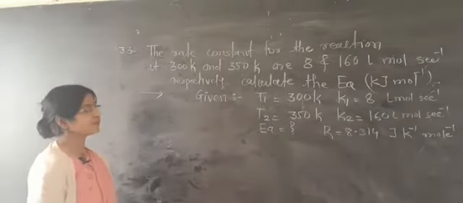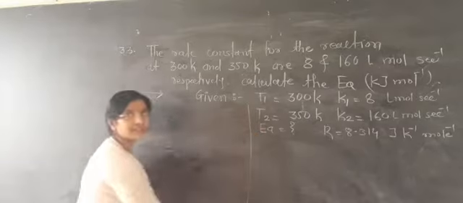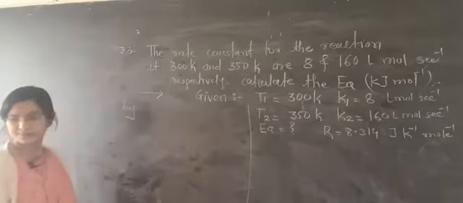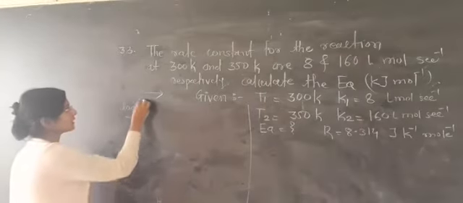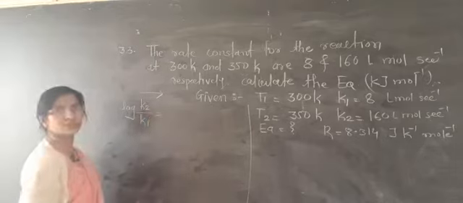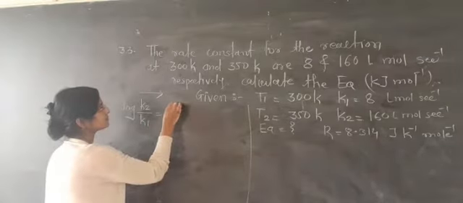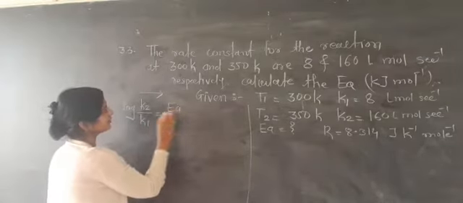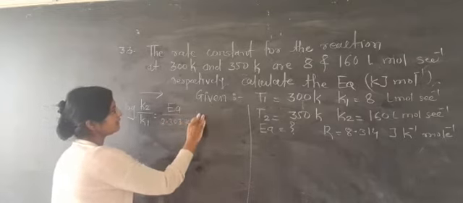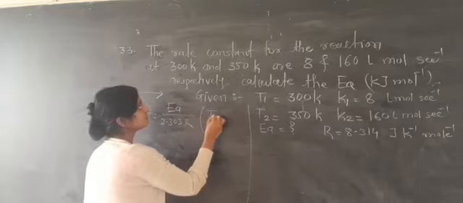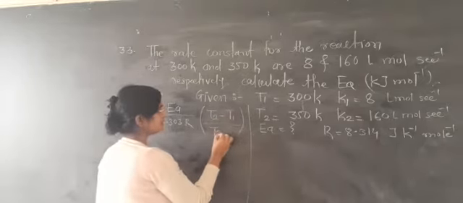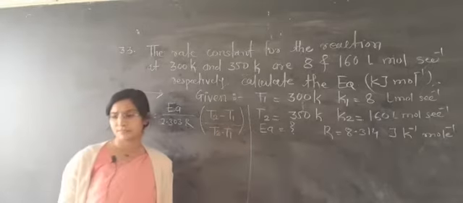So friends, which equation do we use for this? The equation is very simple. Log K2 by K1 is equal to activation energy by 2.303 R into (T2 minus T1) upon T2 into T1.